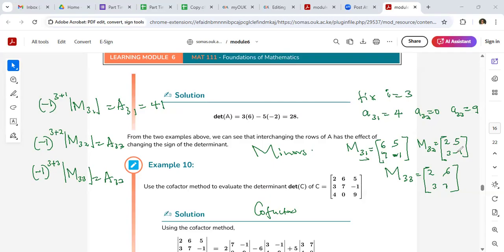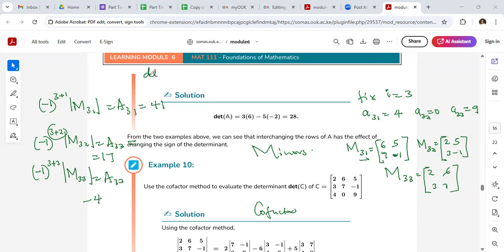Then I have negative 2 minus 15, negative 17. So that becomes positive 17 because of 3 to power 2. Then I have 14 minus 18, negative 4. So that's negative 4. So I have my cofactors now.